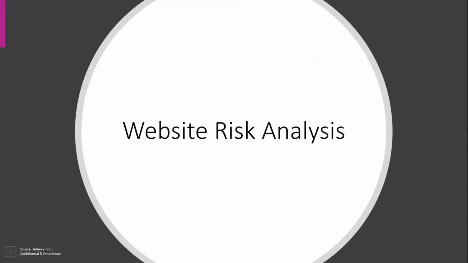So at this point in time, you may be asking yourself, how do I know if I'm at risk? That mindset applies to you, the website owner, the owner of your e-commerce or healthcare or financial website, and yourself as an e-commerce participant, purchasing items, entering information. So let's look at some ways to analyze and quantify this website risk.